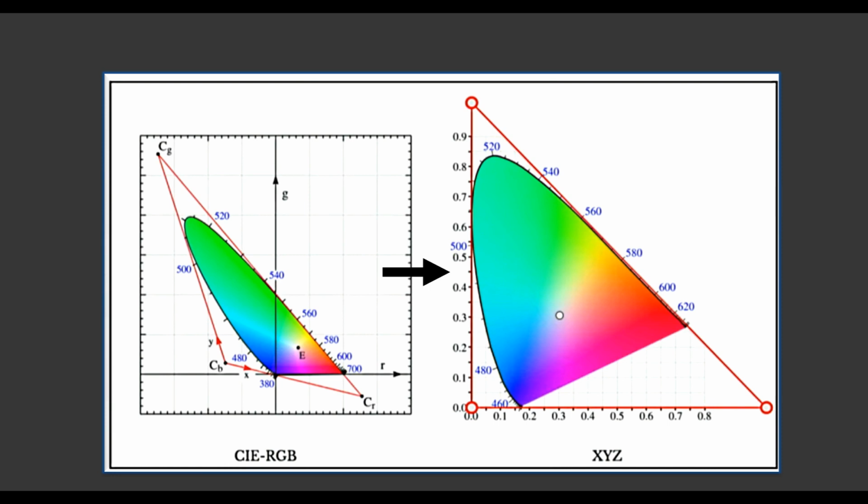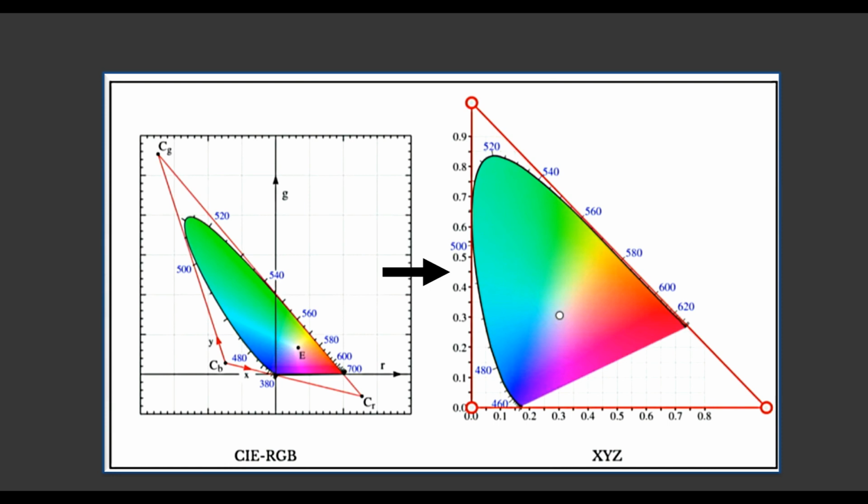Because a linear transform is used to move from CIE-RGB to XYZ, we can be sure that all linear color combinations done in XYZ will be preserved in CIE-RGB and vice versa. And this is of course because linear transformation preserves linear combinations.